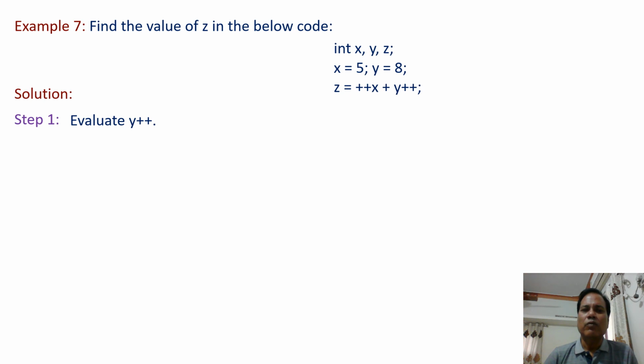Evaluate y++. So what would be the value of this one? Now this is the post-increment operator, so the current value of y is used in the expression. Then the value of y is incremented.